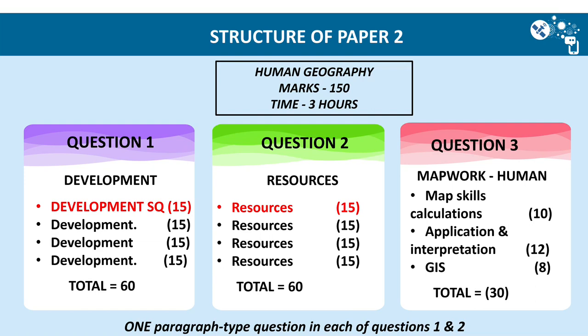You will also get some application and interpretation questions with 12 marks, and here the questions will cover development and resources. You are not going to get questions based on climate, on weather, on geomorphology in paper 2. And then once again, 8 marks for GIS, giving me a total of 30 marks in paper 2.